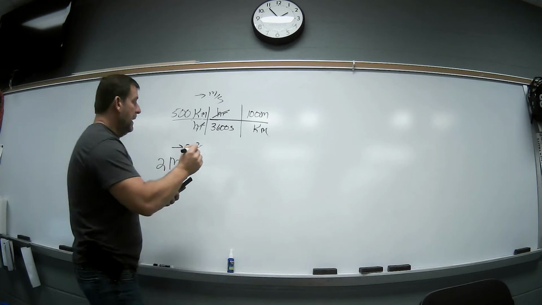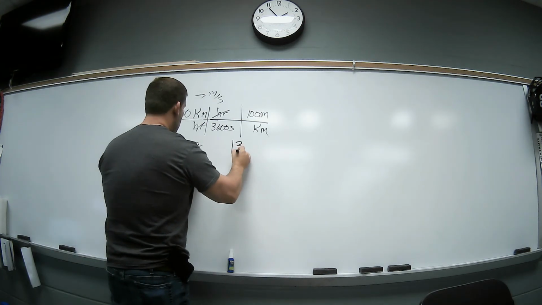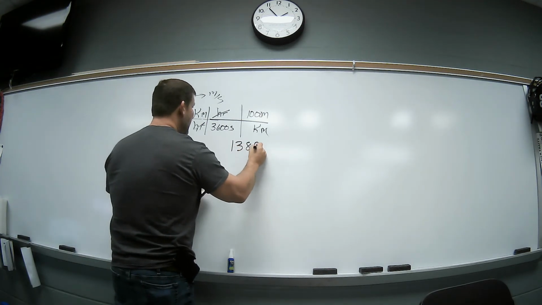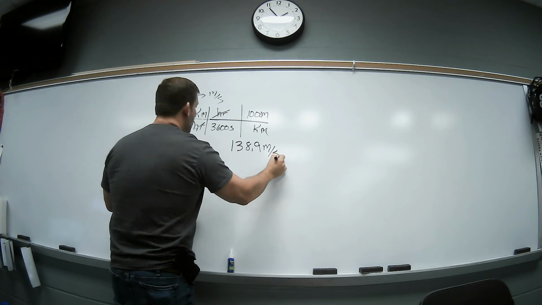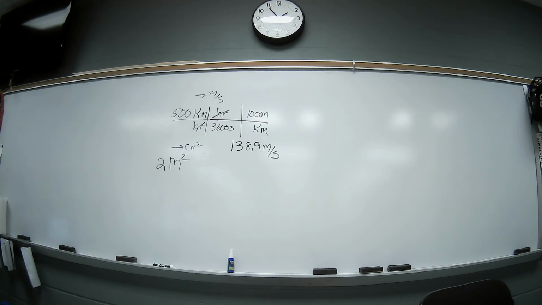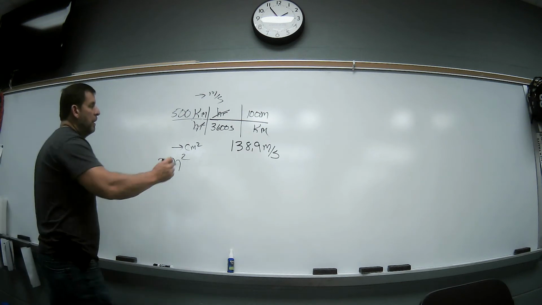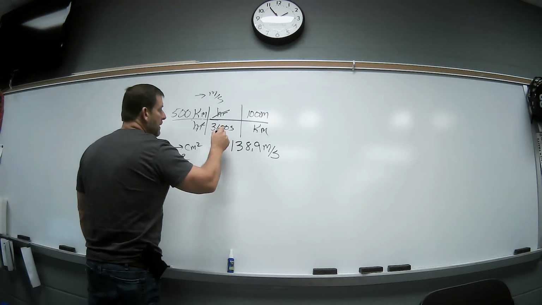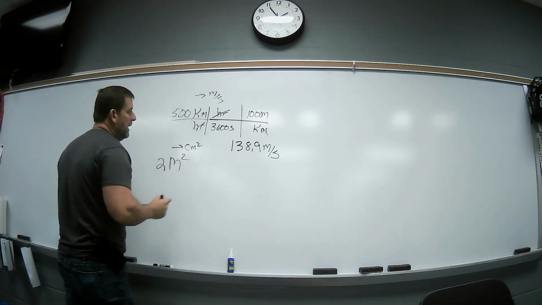And you should get 138.9 meters per second. I'm going to let you try that on your calculator. Okay, so if you did this on your calculator, 500 divided by 3,600 times 1,000, you should get that.